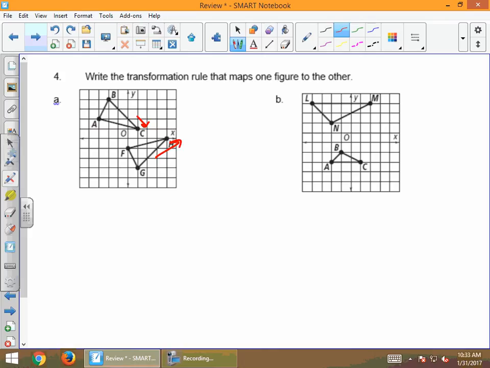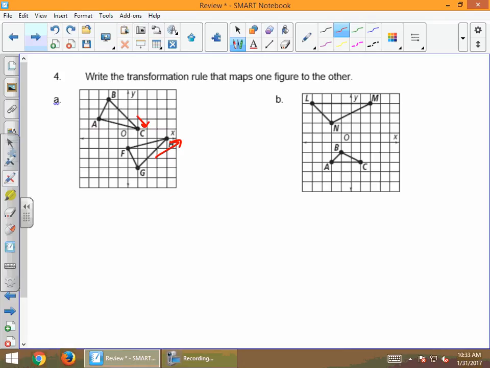When they're pointing in exact opposite directions, so up and down, left and right, anyone know what kind of transformation you have to do to get them to point in the same direction, Shane? Reflection. Rotations if they're pointing in different directions, so one's pointing down and the other one's pointing right. That's an indicator that you're doing a rotation.